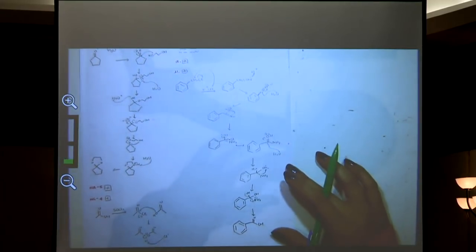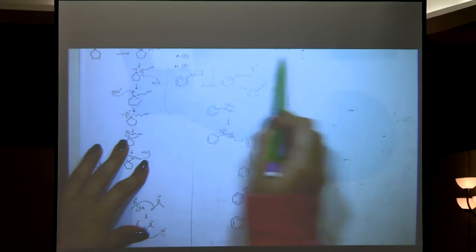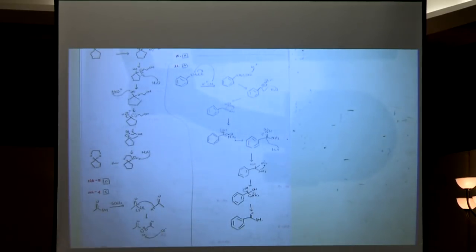I don't know if you can see that, but it's this part right here. The important part about this whole thing is just the last part of hydrolysis, which is kind of not that intuitive.